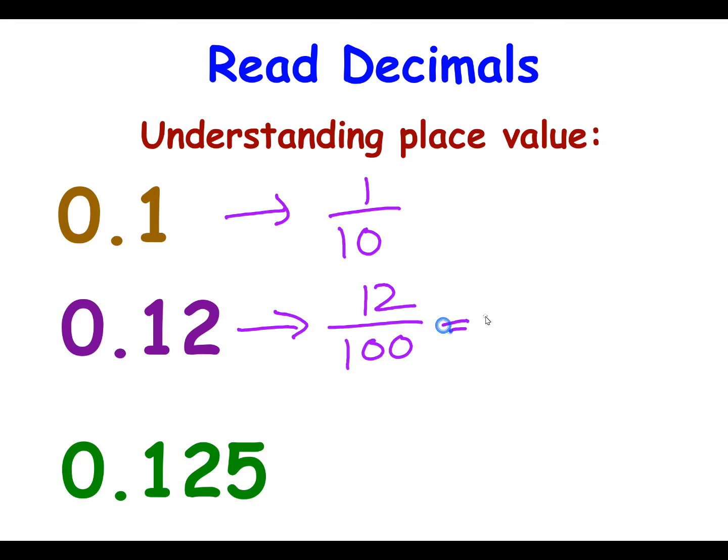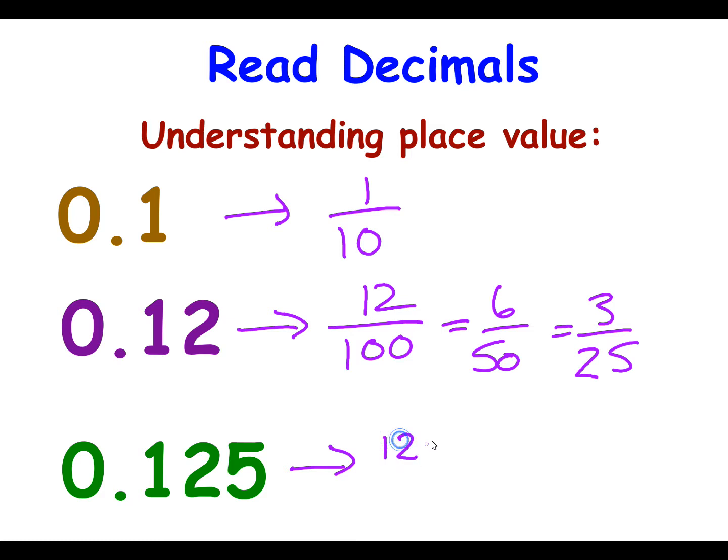And with this, you would simplify it to 6 over 50, and then you can see 2 divides into both of these, so 3 over 25. And finally, as we did on the last slide, we know that 0.125 is 125 over 1,000 because of the place values, and that's simplified to 1/8.